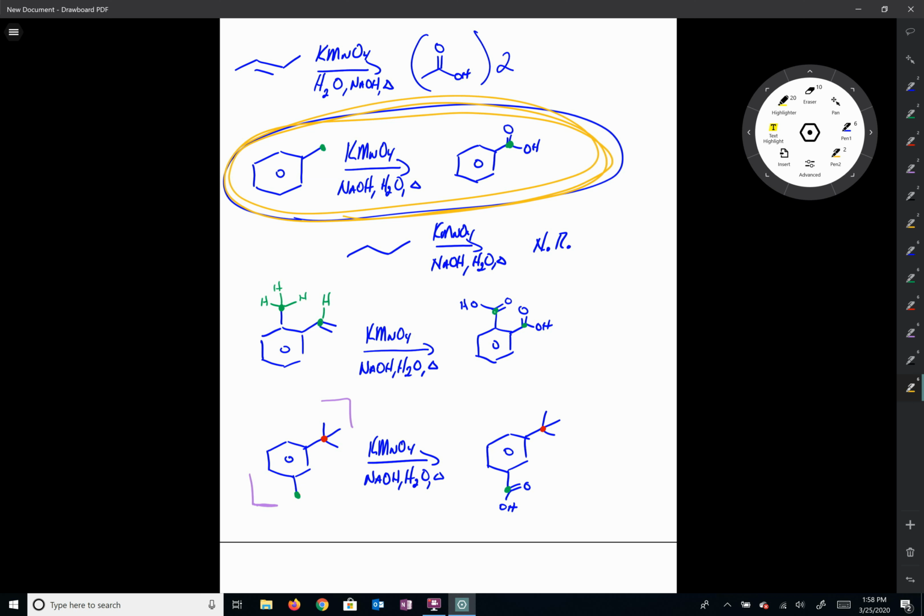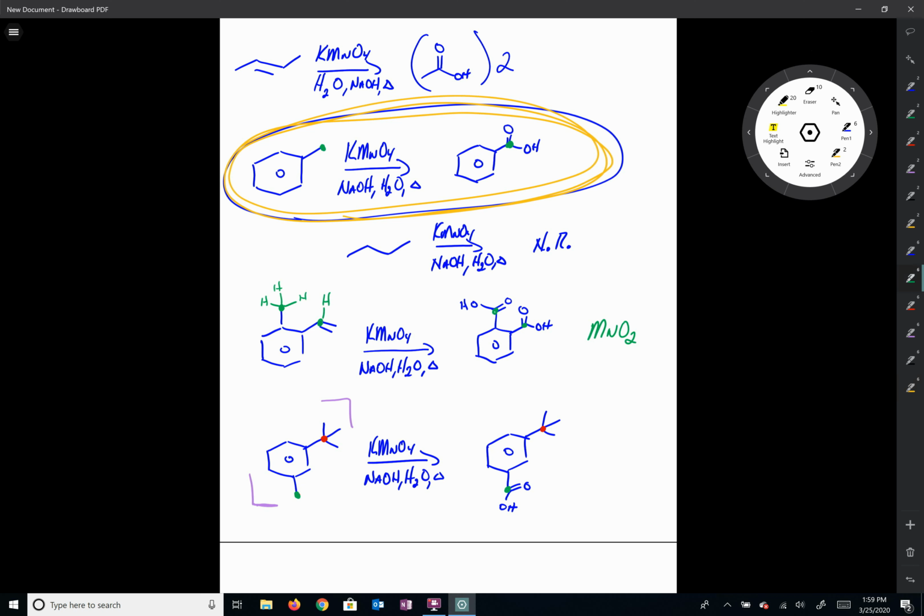This is actually a reaction we sometimes do in the lab. The reason why is because when this reaction is done, it precipitates out this fine brown powder, which is manganese dioxide. So it's got a visual indicator about whether this reaction is happening or not. That helps us to detect certain functional groups.